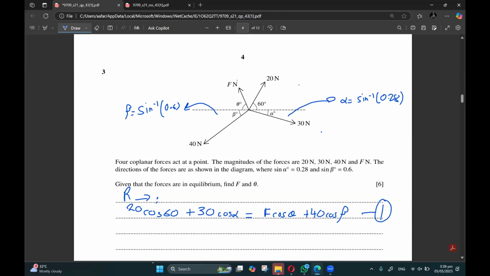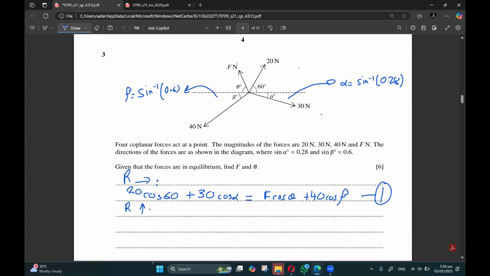This is the first equation. Second equation, solve it vertically. 20 sine 60 plus F sine theta will be equal to 30 sine alpha plus 40 sine beta.